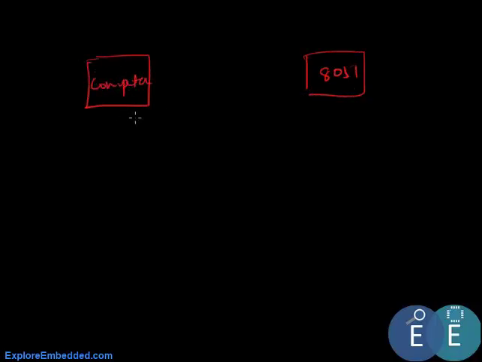Before you go ahead and do that, what I would like to discuss is, say we have the 8051 and then we have a computer here. Now if you're using a computer with a legacy RS-232 protocol or a connector called the DB9, then you need to convert.